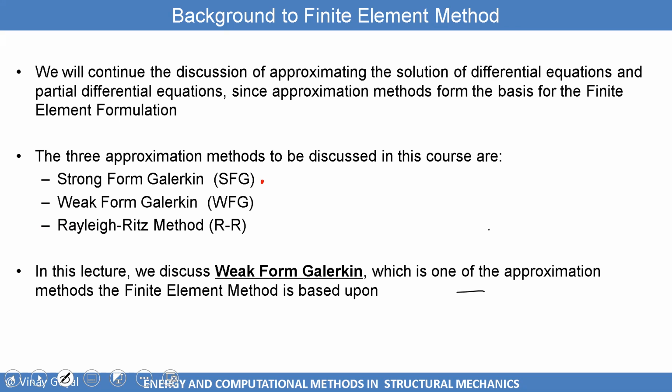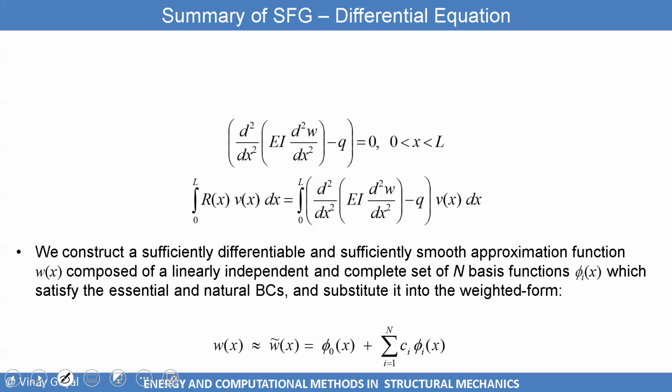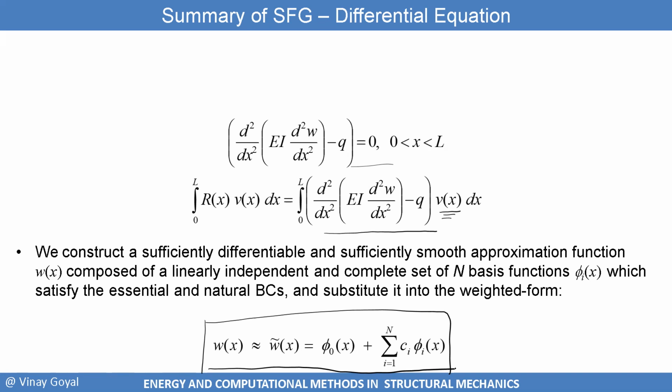So to cover what the strong form Galerkin was about, we took the differential equation and multiplied it by a function v, which I'm going to call a basis function of some kind. And then I take the approximation to the differential equation, which is made of some pieces here. You have the unknown coefficients here.